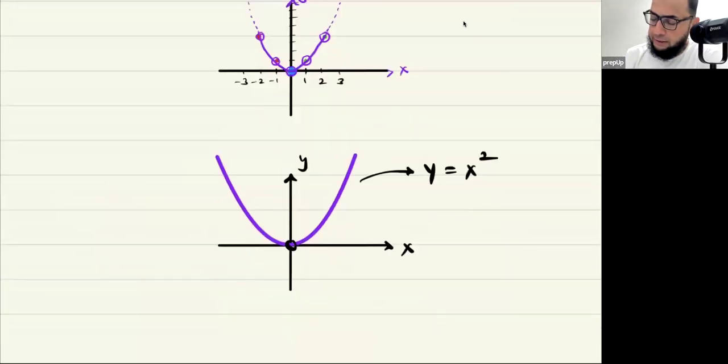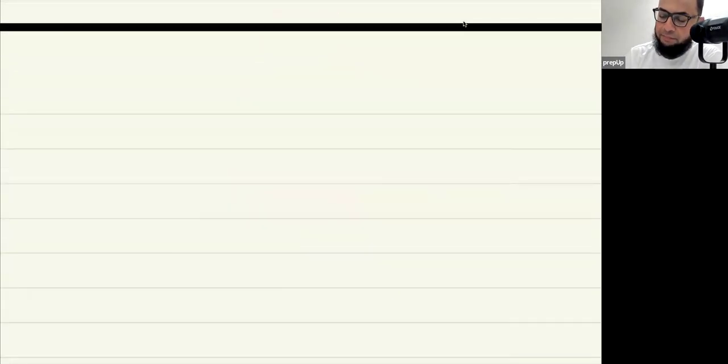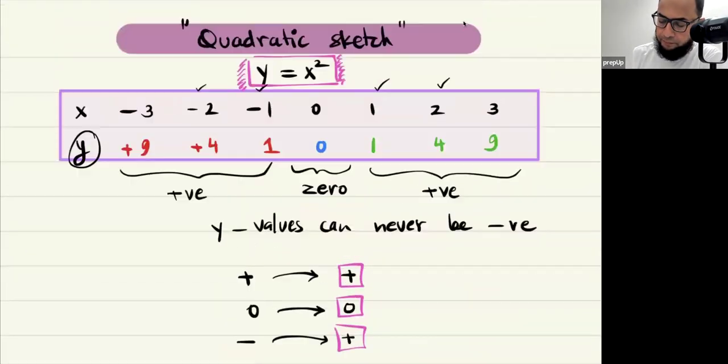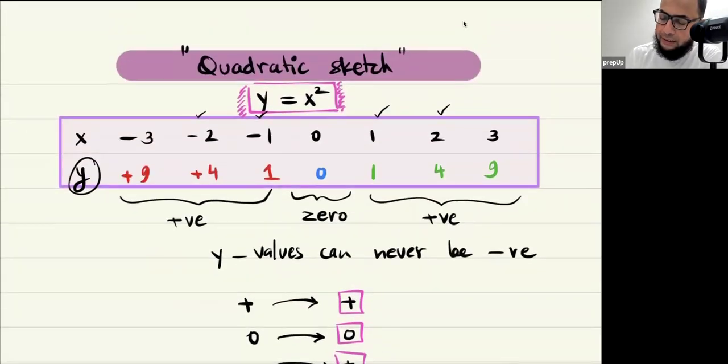So now we are starting with more quadratics, but this time we have the graph of y equals negative x squared. We have drawn it for y equals x squared.